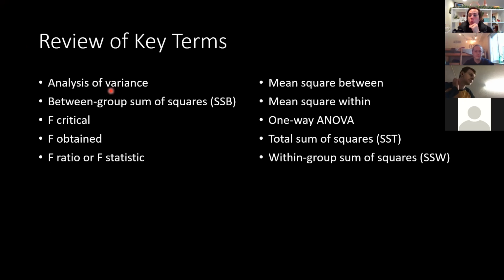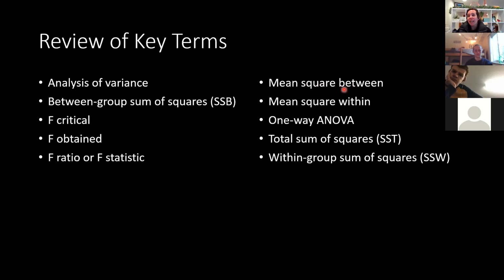You need to know what is an analysis of variance. Like, what is it we're doing? What does it mean, conceptually? Again, we're analyzing the variance between group and within group to see if there's a significant difference. That's what we're seeking to do, okay?